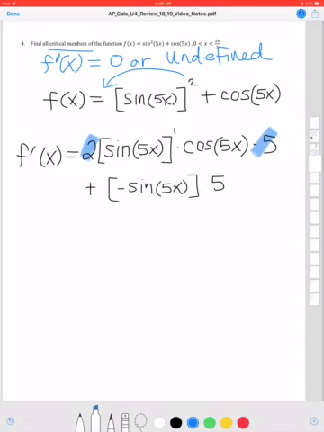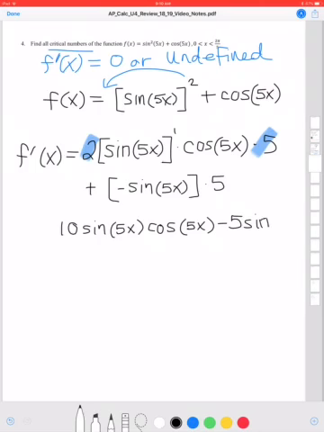Alright, let's see, I can multiply the 2 and the 5 here. Okay. And then I'll have 10 sine 5x cosine 5x plus, minus, this is a negative, 5 sine 5x.